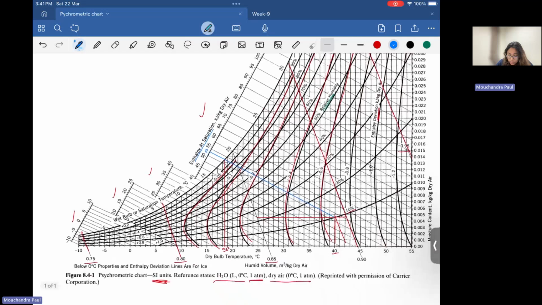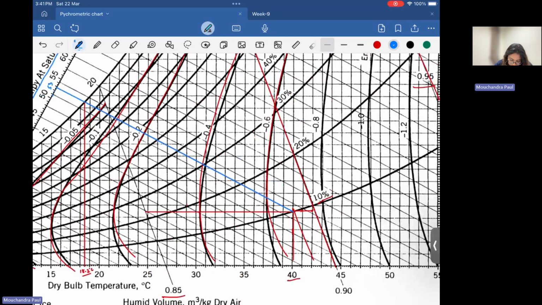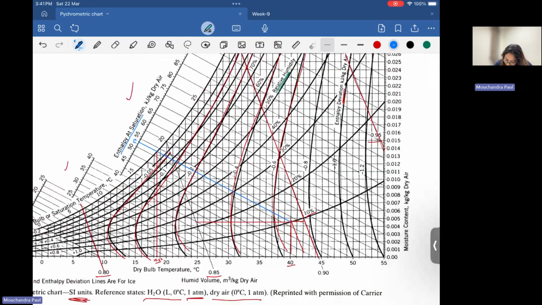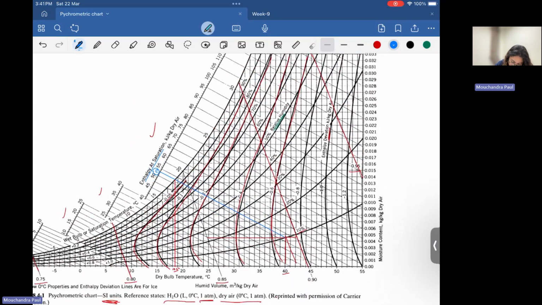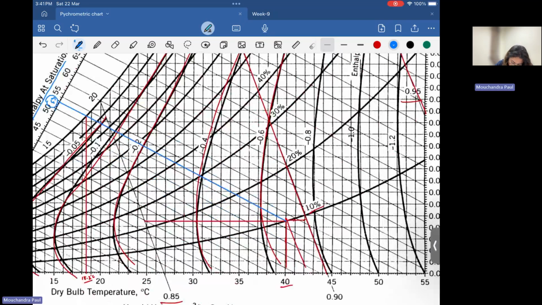Now, what is the enthalpy at a given condition, that is 40 degrees Celsius and 10%? For this, first you have to see what is the deviation.